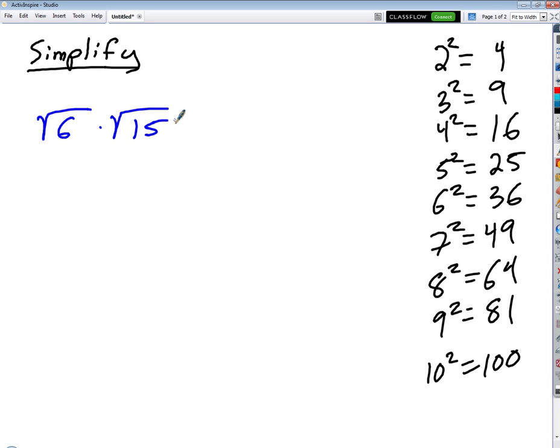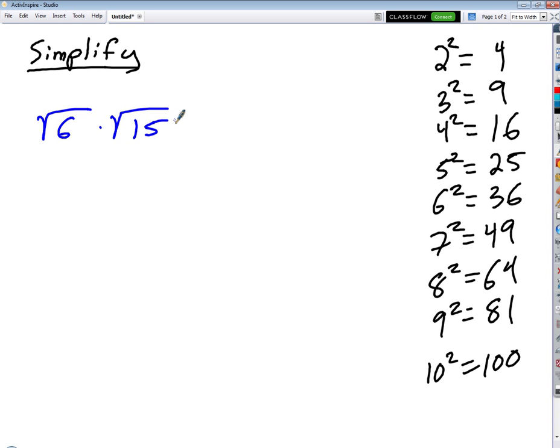Multiplying the two together and getting a big number. Once you got your big number, see if you can then break that down.